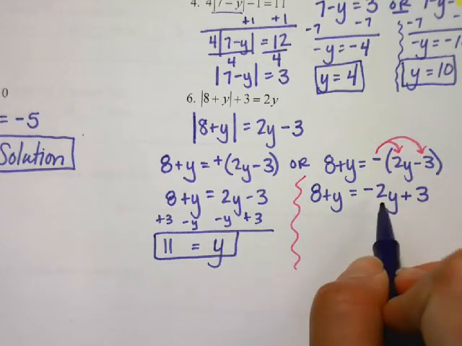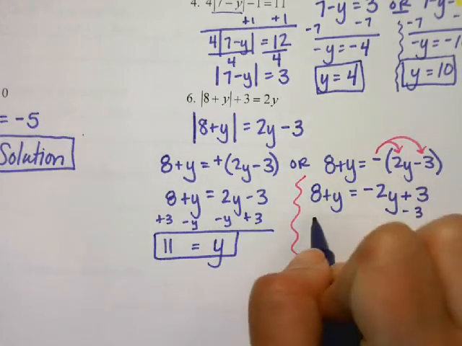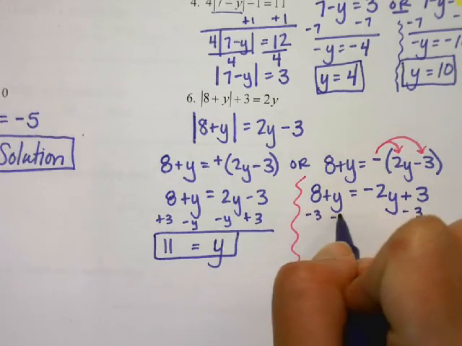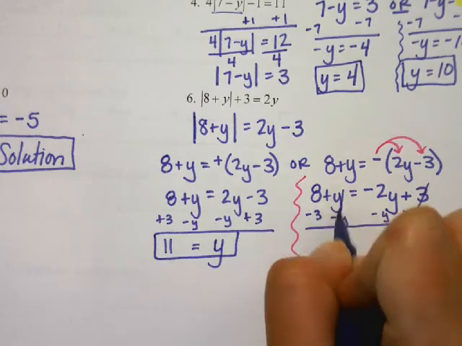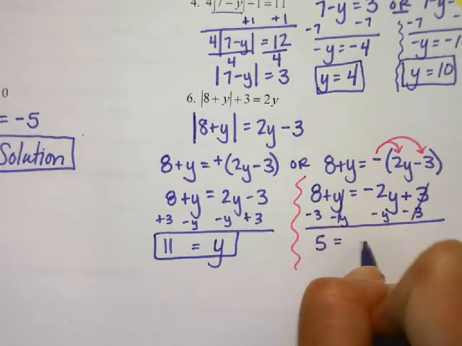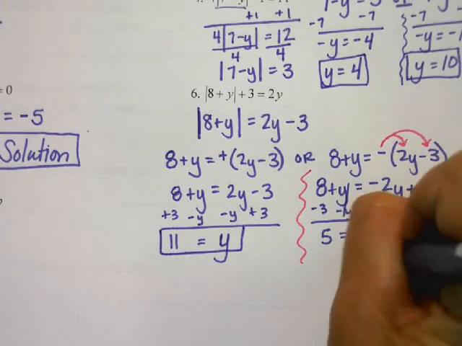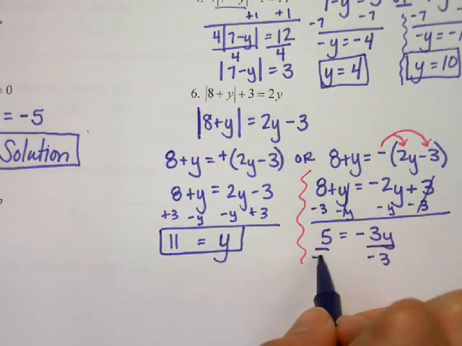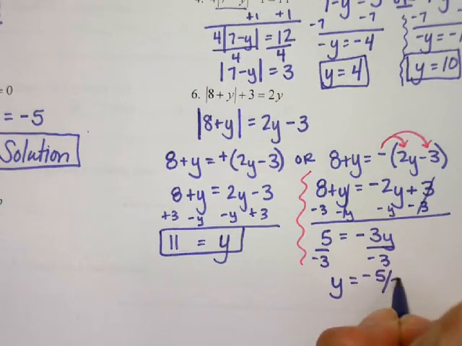Okay, if I solve that guy, subtract 3, subtract y. So 5 is equal to a negative 3y. I get a negative 5/3.